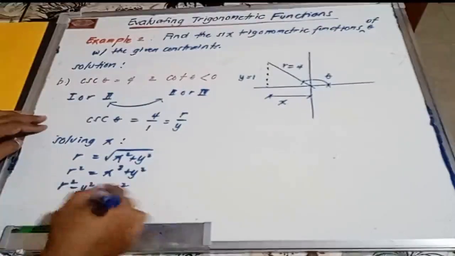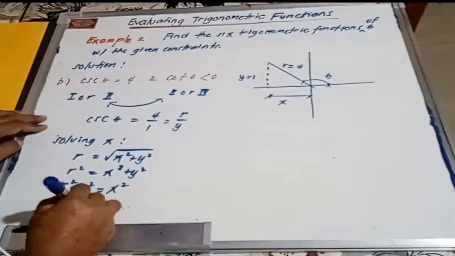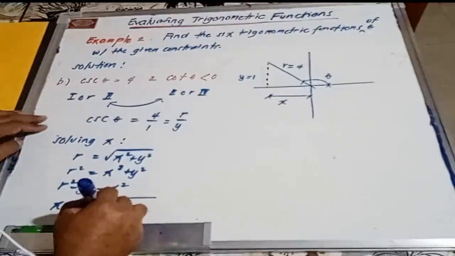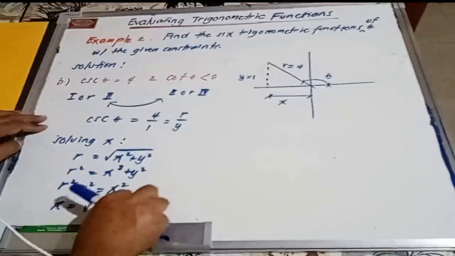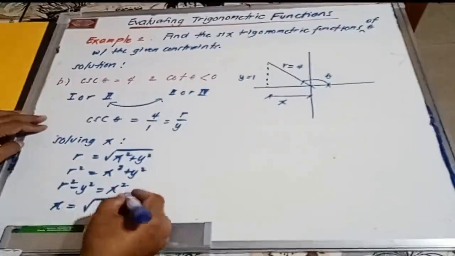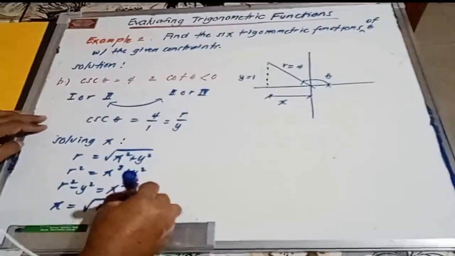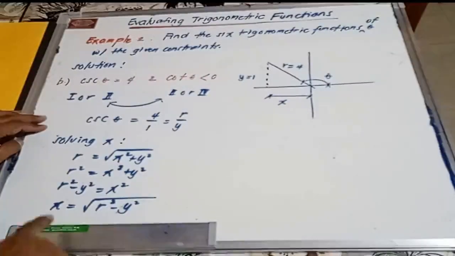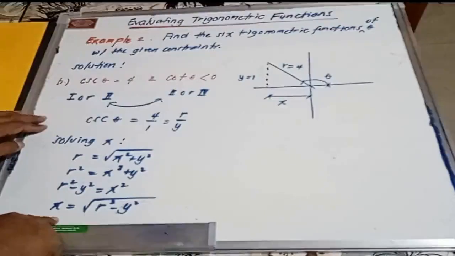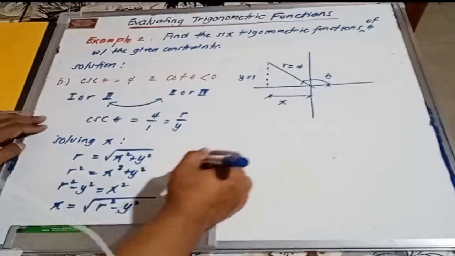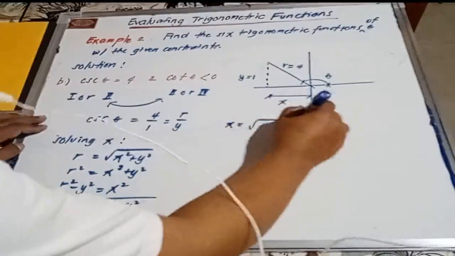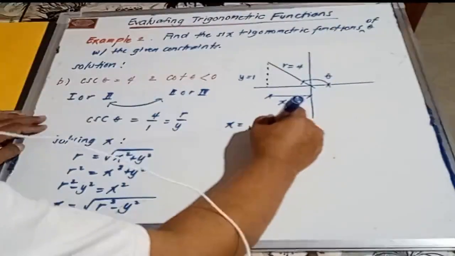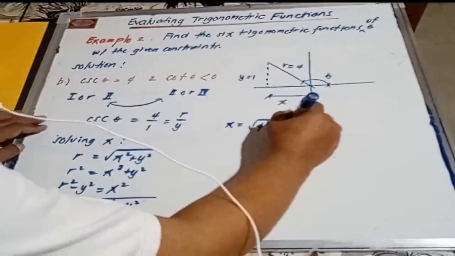Getting the square root of both sides, therefore, x equals square root of r squared minus y squared. Positive or minus yan. So, since nasa second quadrant siya, kukunin natin value of x is negative. Okay? So, solving x using this formula.